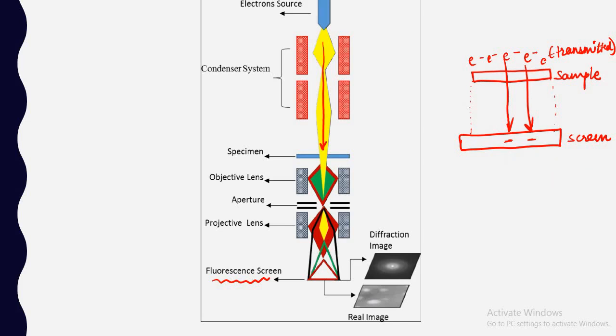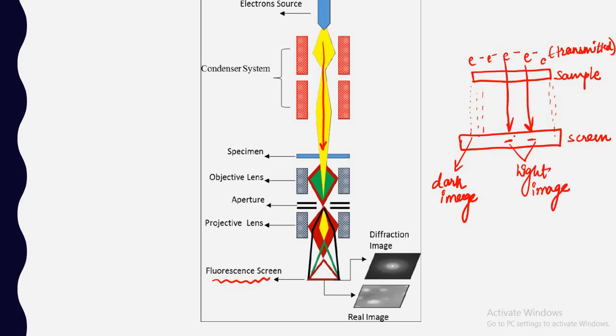Okay, so because of this scattering process only, the image formation will take place. I'll tell you. See, imagine this is your sample, and this is the screen. These are the transmitted electrons which will scatter either elastically or inelastically. Now the electrons which have scattered more are not in the range, so the dark image or dark spot will be formed over here. But these electrons have scattered less, so here the light image is formed.